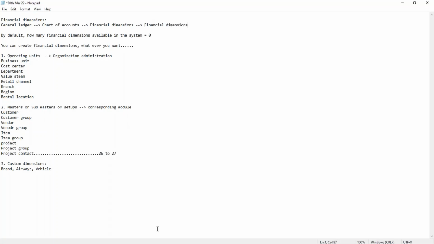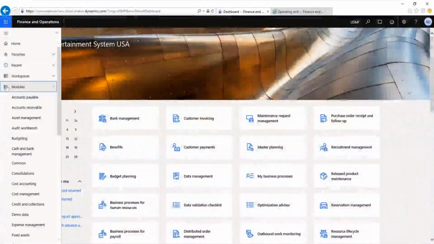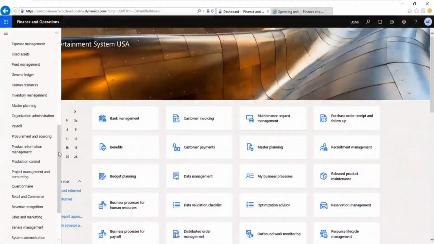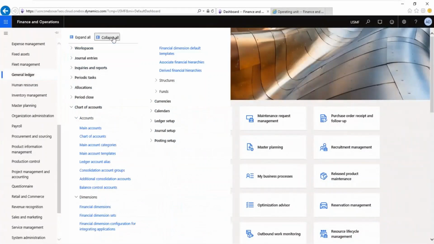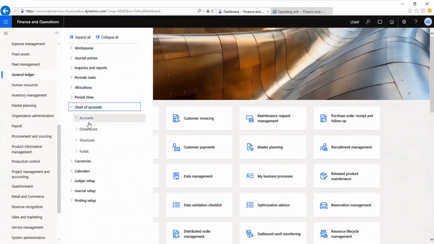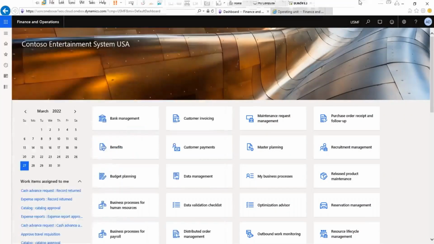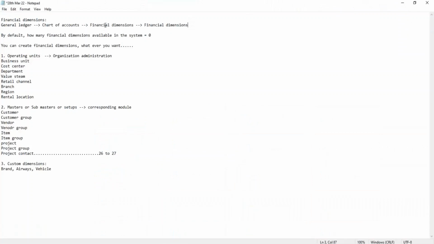Let me show the path. So general ledger, collapse all, chart of accounts, then dimensions, financial dimensions.